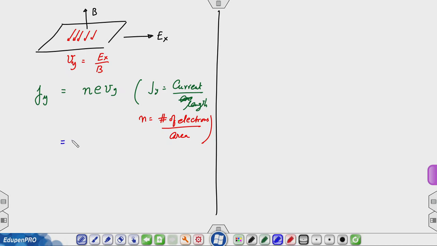This is equal to n e E x over B, and therefore, rho x y, which is E x over J y, is B over n e. This is the classical result.